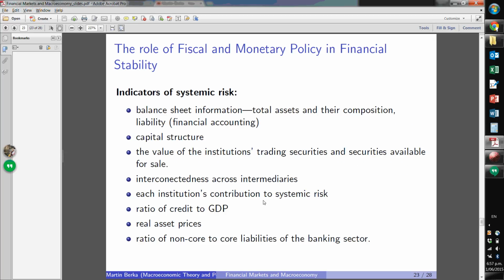Right, so what are some indicators here of systemic risk, I should say? So capital structure, the second one, is very common. If you don't have enough capital compared to your assets, then you are relatively risky or too risky, and that can spread across different banks, as we have seen in the global financial crisis. Total assets and their composition, or financial accounting aspects.